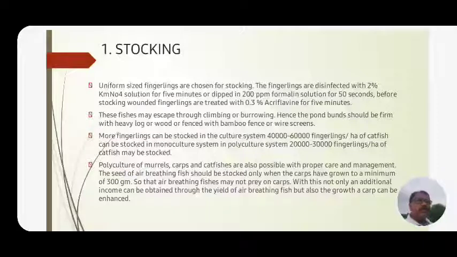Additional fish production is also achieved. With this, stocking is performed in pond management.